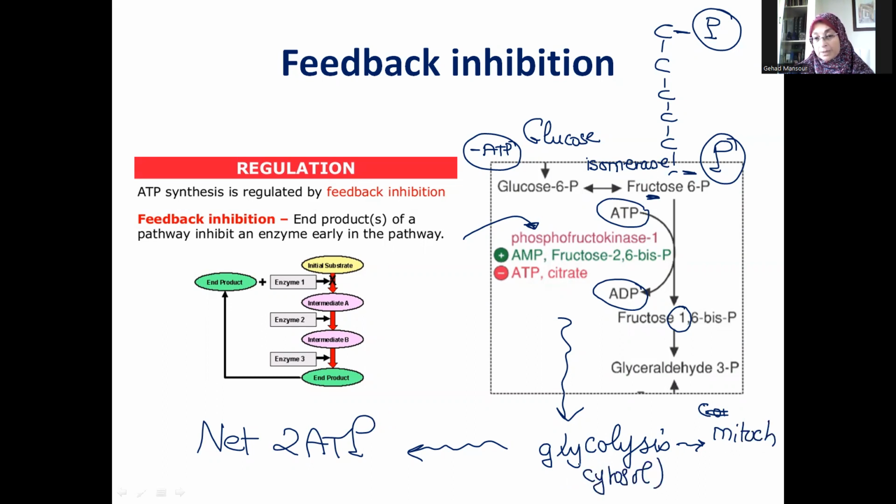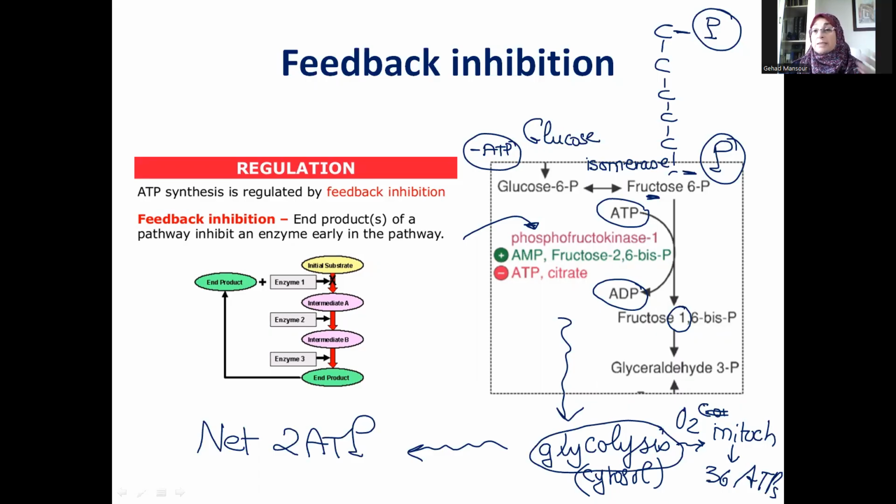If oxygen is there, we would go to the mitochondrion and further break down the carbon skeleton of glucose and release the stored energy, and we will end up having at least 36 ATP molecules. So glycolysis is crucial in aerobic cellular respiration.